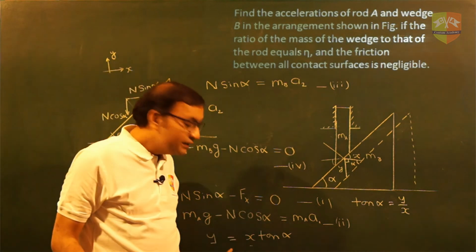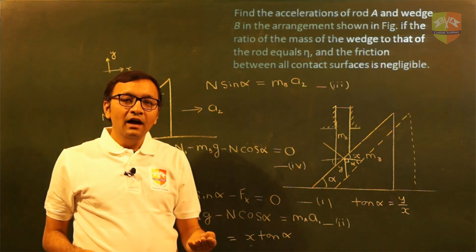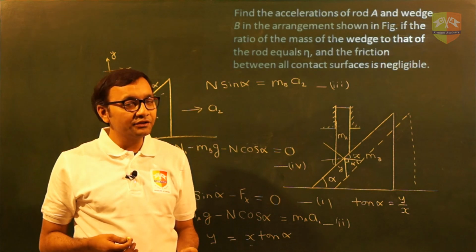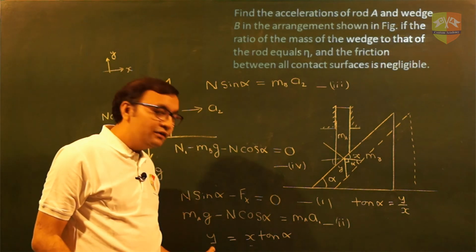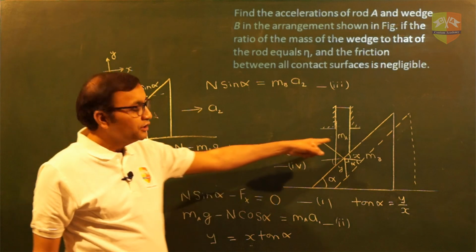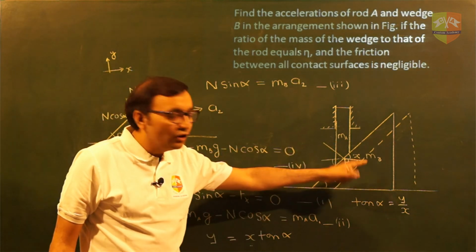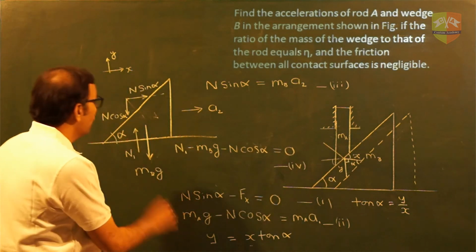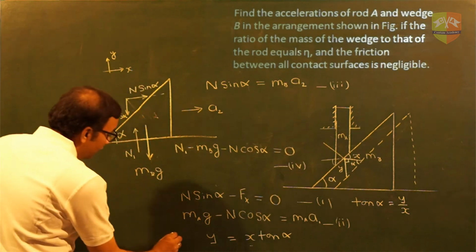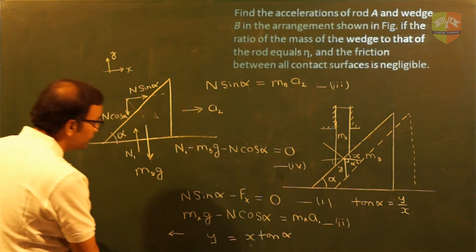If I differentiate this equation 2 times, I'll get the relation between their accelerations, right? So if I differentiate y 2 times, I'll get the acceleration of MA. If I differentiate x 2 times, I'll get the acceleration of the wedge. So the constraint relation will give me this equation.